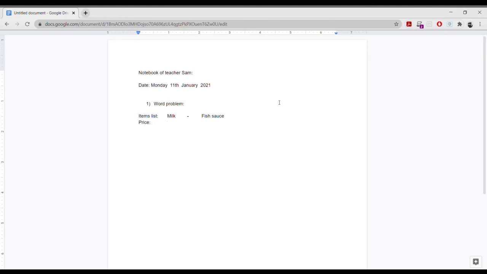The milk is 1 liter, 39.45 baht. This is the price of the milk, and the fish sauce is 250 milliliters, 15.24 baht. We can just write B.